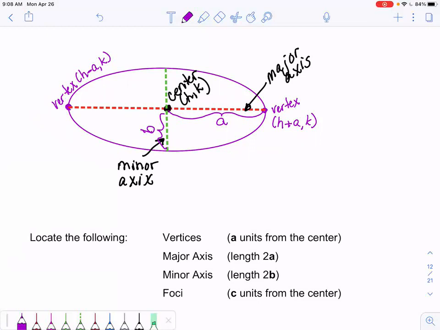And then the last thing that we're going to locate are the foci, F-O-C-I. A parabola has a focus. When you pluralize it, you place an i on the end, and it's called foci. Now there are two of them. They are somewhere between the center and the vertex.